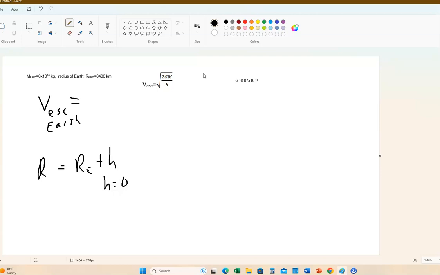All right, so now r has to be in meters. This is the average radius of the Earth, 6,400 kilometers, and of course we know that 1 kilometer is 1,000 meters, or 10 to the third. This is another way of doing it. So the kilometers cancel, and this becomes 6.4 times 10 to the 6th.